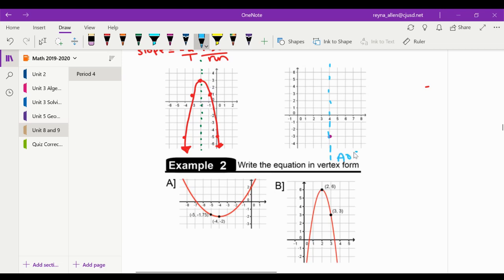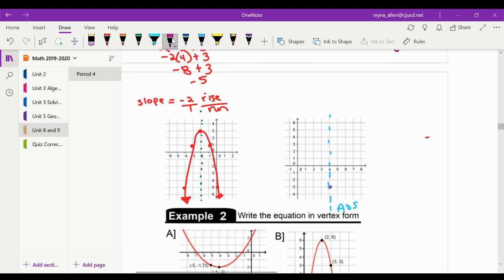That's your axis of symmetry. This one had a y-intercept of 5. So I'd count the boxes. 1, 2, 3, 4. It's a distance of 4 away. So 1, 2, 3, 4.